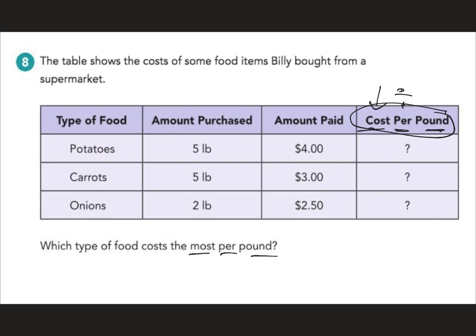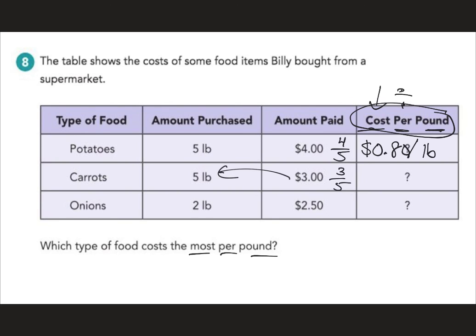So to find the potatoes, what are you going to divide, Libby? $4 divided by 5 pounds. 0.8. What is that in money? 80 cents. So it's 80 cents per pound, and we can use LB to abbreviate pound. Okay, for carrots, we're going to do what? $3 divided by 5 pounds.